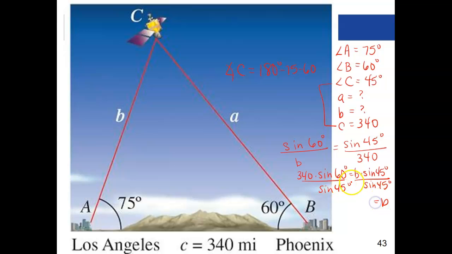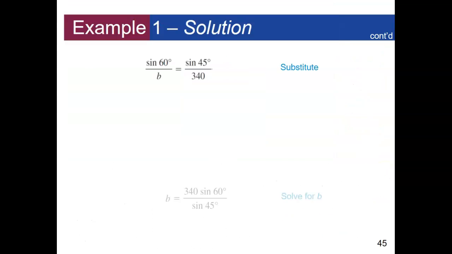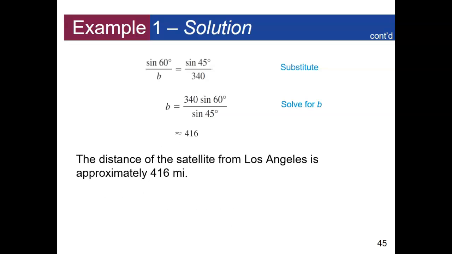So B is going to be, I'll put that in the calculator. We're going to get 416.4. So we're going to say that the distance of the satellite from Los Angeles is approximately 416 miles.